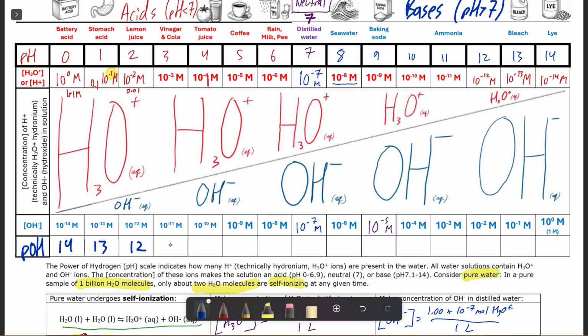Okay, so my pOH is going to be the opposite of what my pH scale was. So let's go ahead and fill this in. 3, 2, 1, 0.